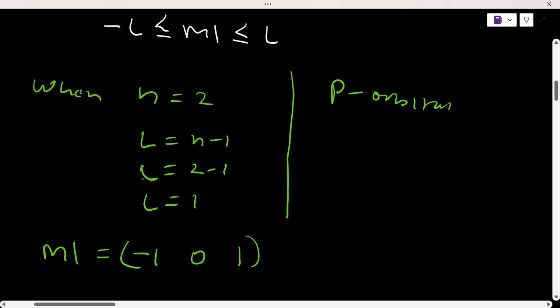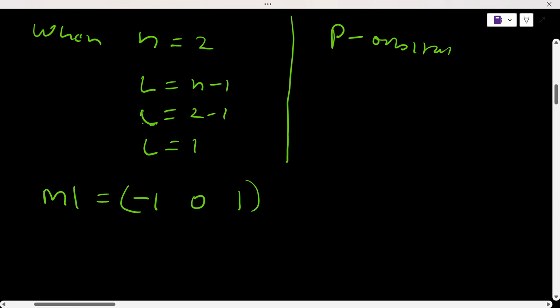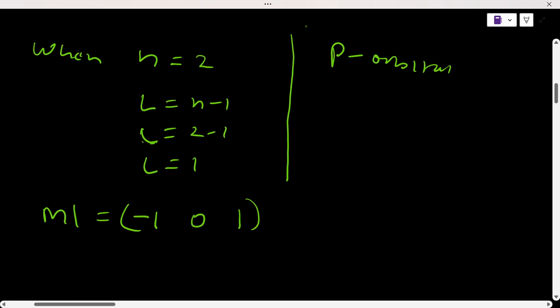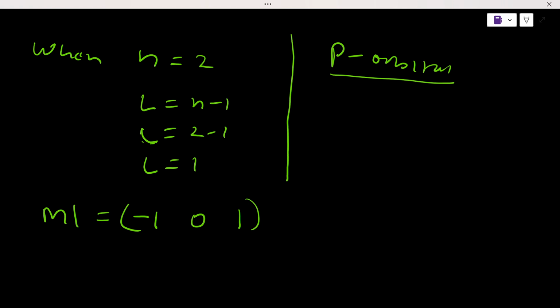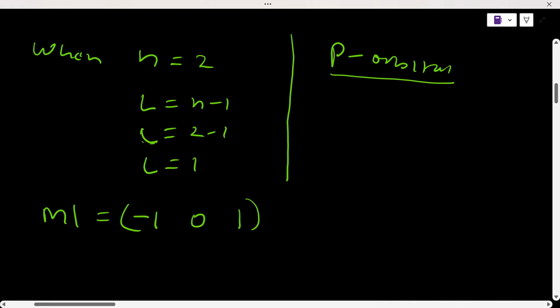So if that's the case, I'm dealing with P orbital here because I'm having 3 of them. So I'm going to draw my P orbital here. The first one, the second one, and the third one.